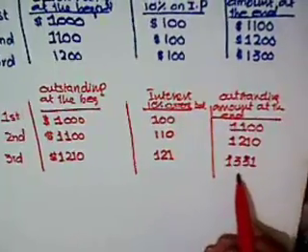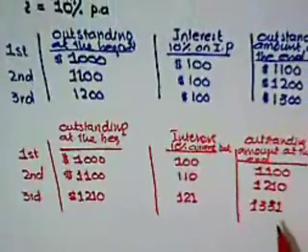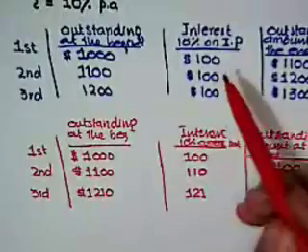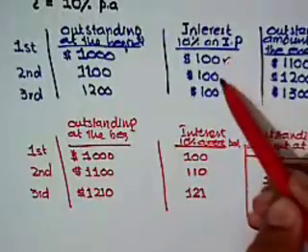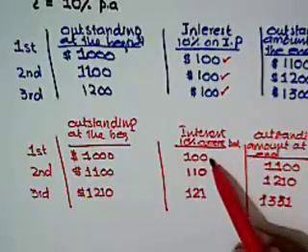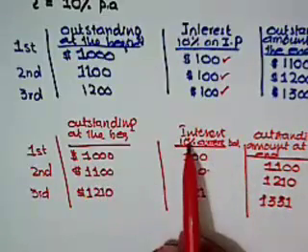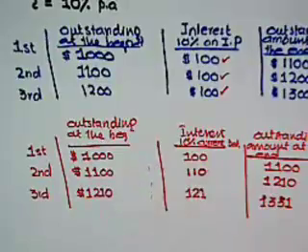So now this is the outstanding balance at the end of third year according to the compound interest. Now if you compare the situation here, every year we were charging the same interest, $100, but in compound interest the interest is increasing, because this 10% is not only on the initial principal but also on every previously calculated interest.